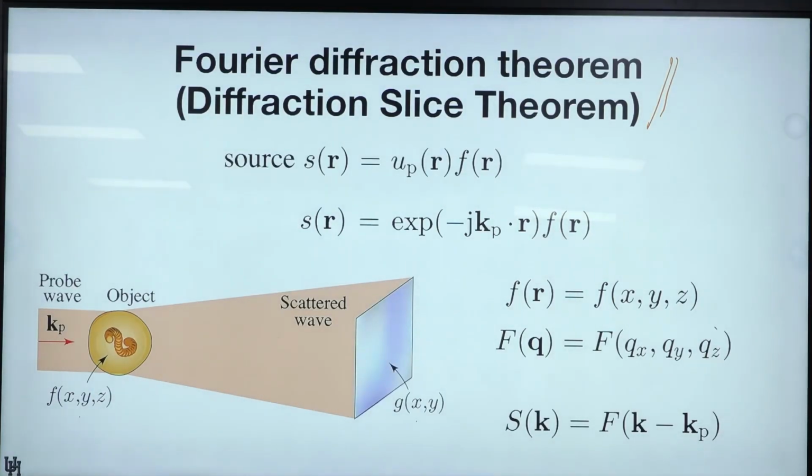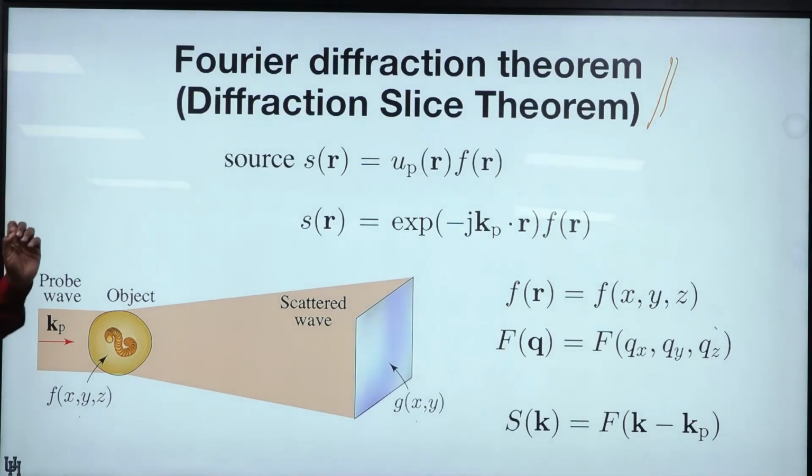If the object itself is not emitting light, then you have light fall on it, and light scatters, and the scattered light becomes your source. That's the essential principle. Instead of light being naturally emitted from inside the object, you force light to be emitted by the object, by having light fall on it and scatter, and those will be sources of light. That's the essence of what we will do.